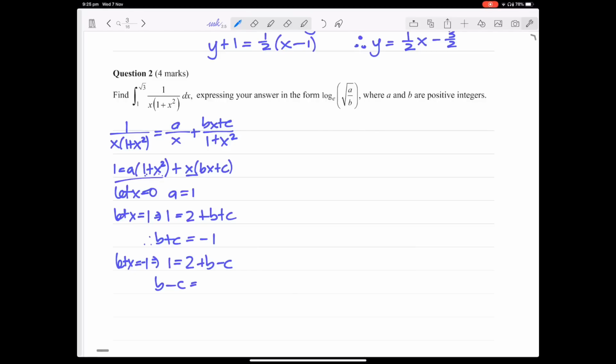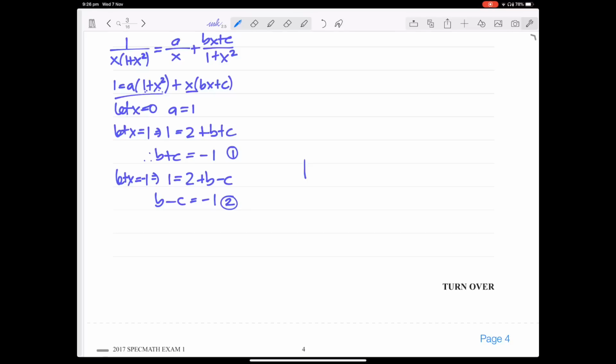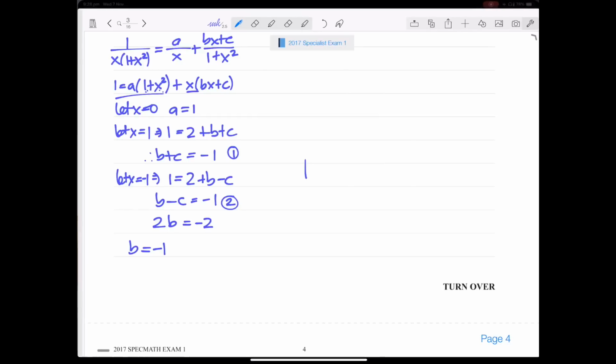B minus C is equal to negative 1. Equation 1, equation 2. Okay, if we add them together, 2B is equal to negative 2, so B is equal to negative 1, and if B equals negative 1, C will equal 0.